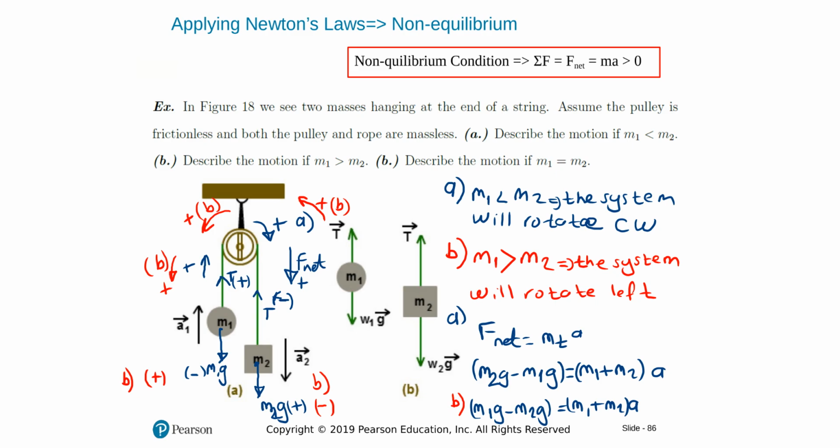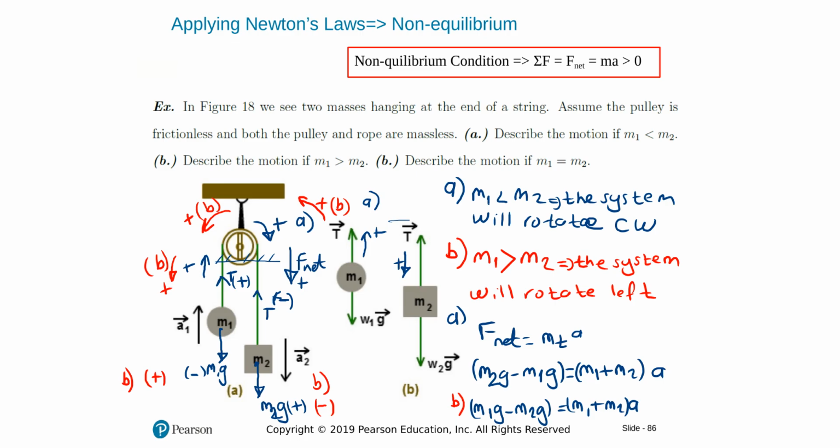But then if I'm asked to solve for T, what I want to do is separate the M1 and M2 systems. They're kind of two small systems separately, so I cut it from here and solve for the systems. For A, for example, I'm going to put blue here. Up was positive for M1, remember? And down was positive for M2 because the system is going in this fashion, right?